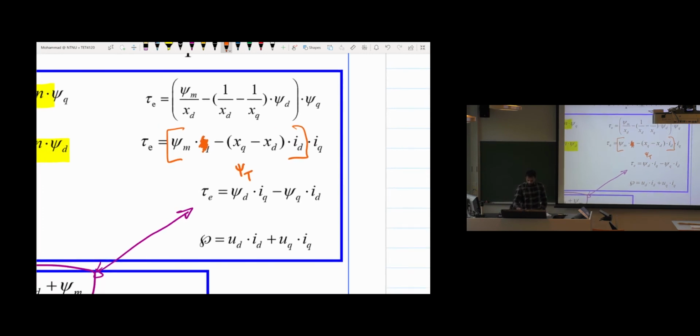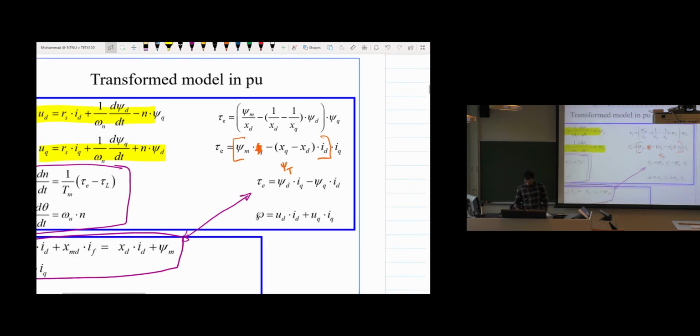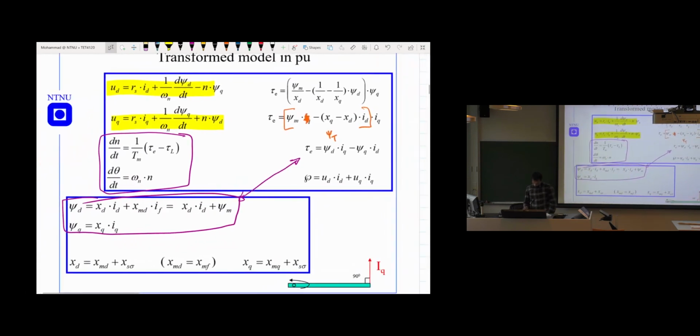And the other way, it's also possible to present the torque only with respect to the flux component, and it's from here. Like in this equation, you can write IQ, which is psi q over xq.